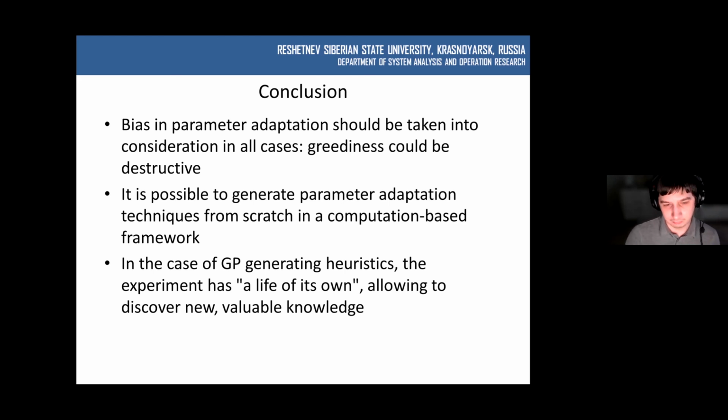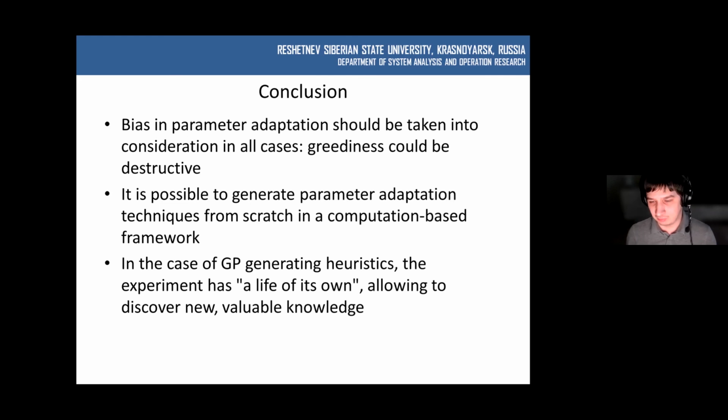And several more things, it is possible to generate this kind of parameter adaptation techniques from scratch. And we have seen that they are not looking very greedy compared to those that we usually create by hand.